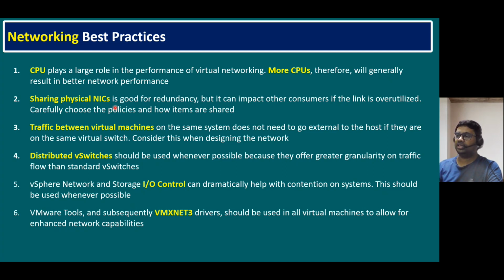And sharing physical NICs: same as multipathing in storage, NIC teaming at the ESXi level, for networking concepts also, as a best practice we should validate that all the physical NICs are shared among the devices or not. For traffic between virtual machines, we can configure QoS policies, quality of service, and distributed switches should be used wherever possible because they offer greater granularity on traffic flow than standard switches, as I mentioned.